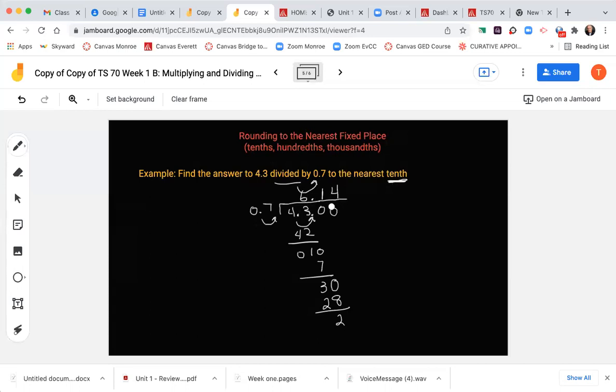I must go to the next place, find what the next number is. This 1 right here is the 10th place, okay? After the decimal, it goes 10th, 100th, thousands, 10,000. To the left of the decimal, it goes 1s, 10s, 100s, thousands, 10,000s, 100,000s, millions, 10 millions, 100 millions, billions.